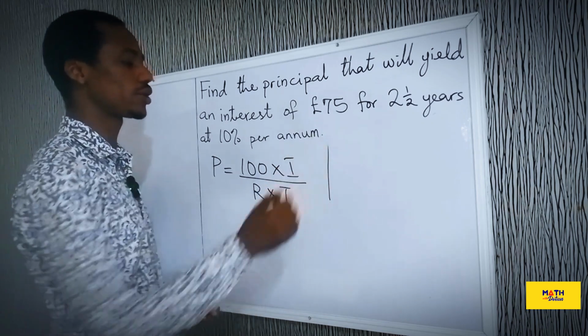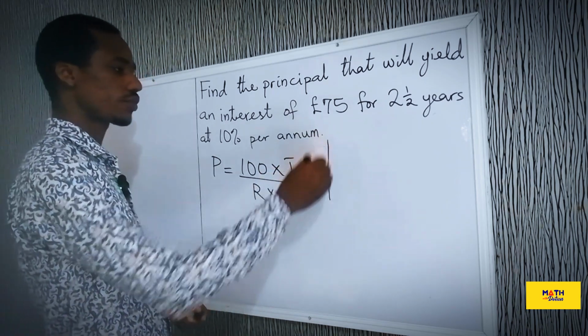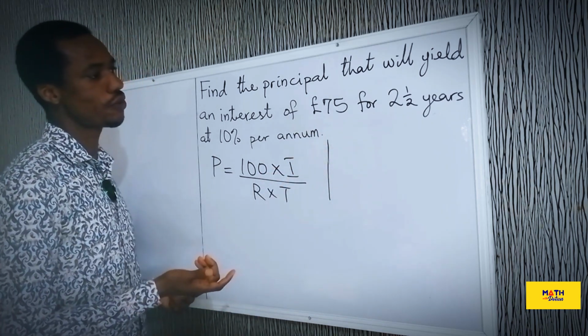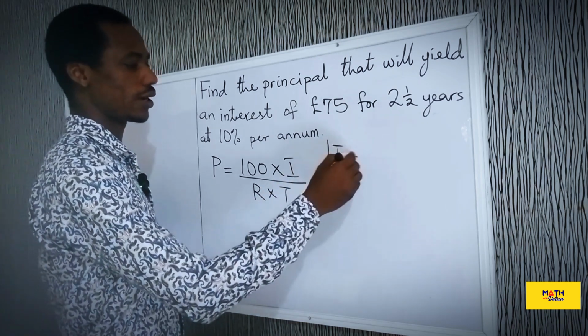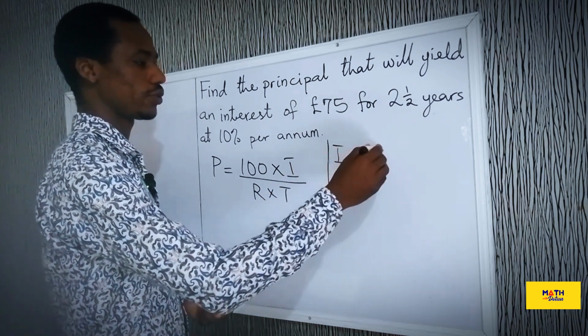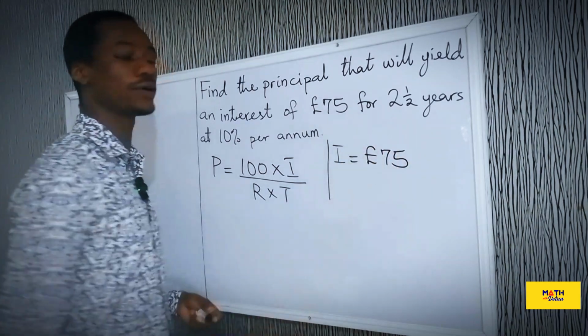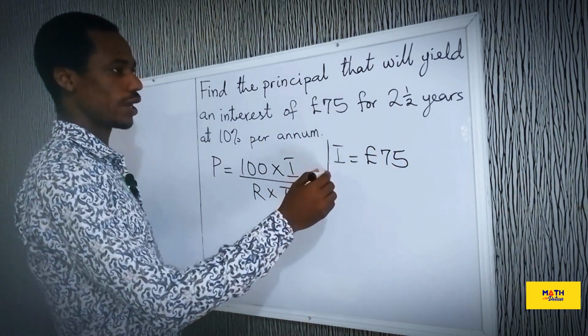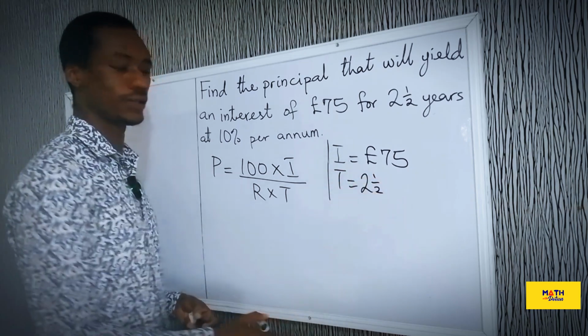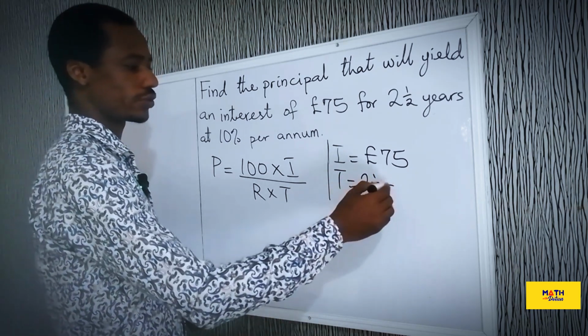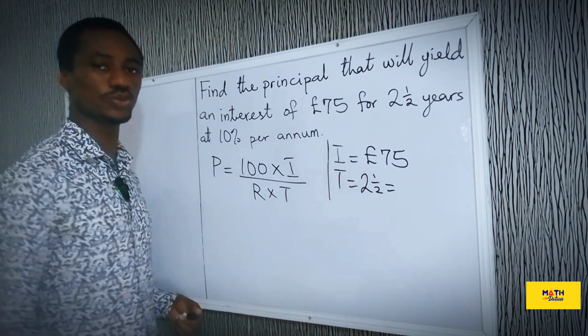Okay, so now let's look at what we have. We have the interest that we are targeting. So we have a target of £75, and then we have the time, which is 2.5 years. Remember I like to work with fractions, so we'll convert this to mixed numbers.